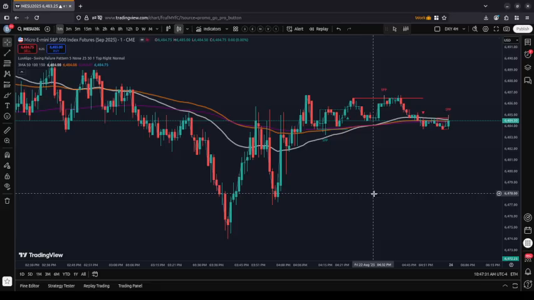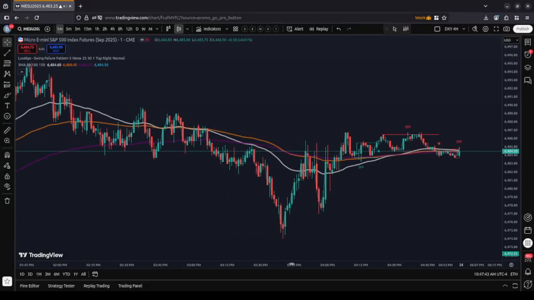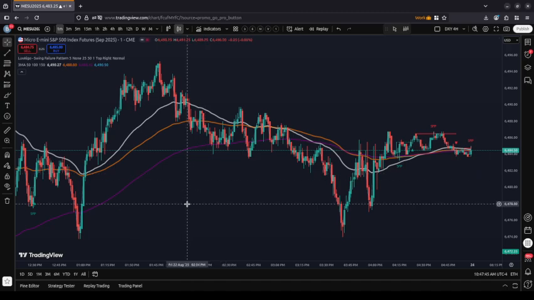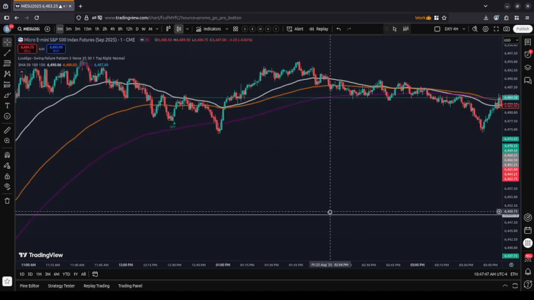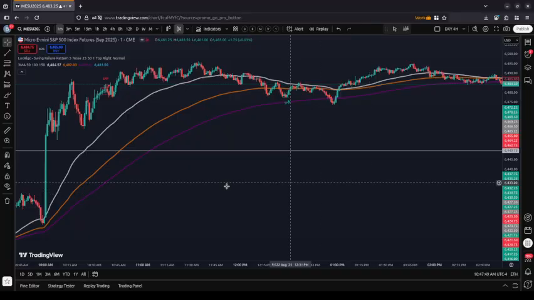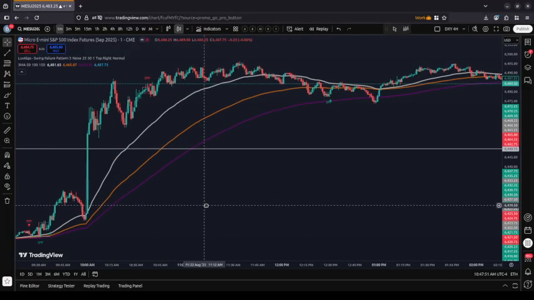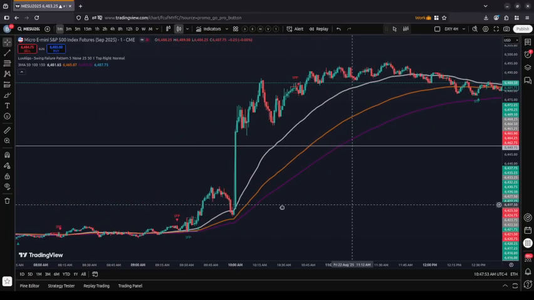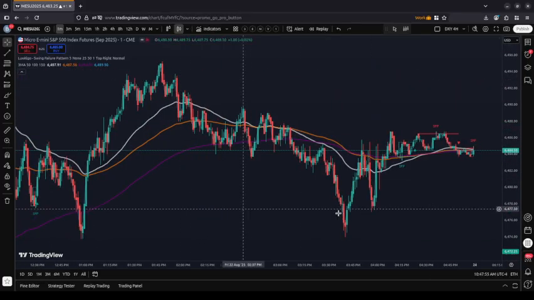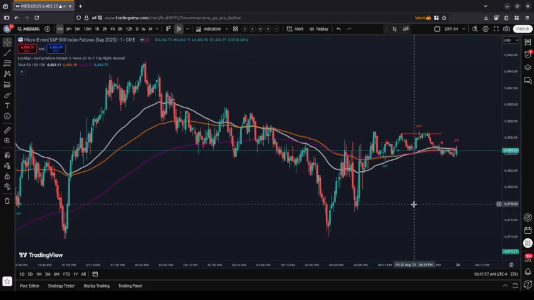But it's a good mechanical strategy to look into, as well as the other video I've been doing on the chart over the last few months, which is the Gann swings. Now that's a little bit tricky because if the market is not following through, then the stop is going to be a little bit bigger for those trades. But like I said, pretty good strategy here with the swing failure pattern.